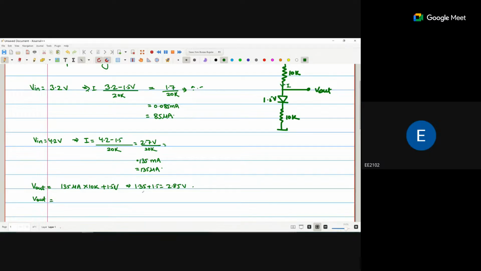And second case, V out is 85 microampere multiplied by 10K plus 1.5 volt. That is 0.85 plus 1.5, 2.35 volt.